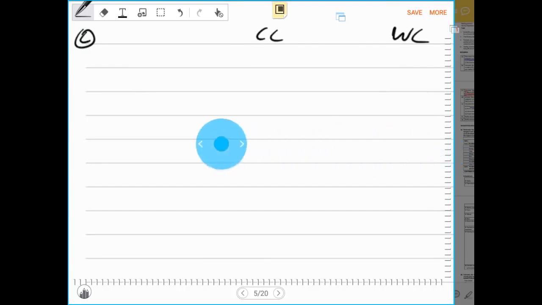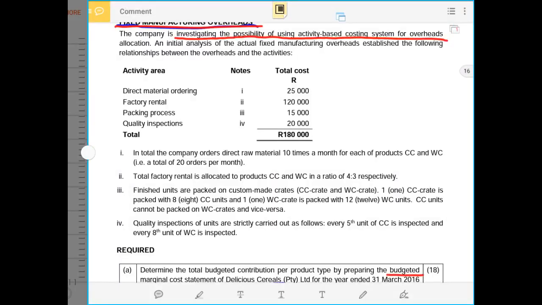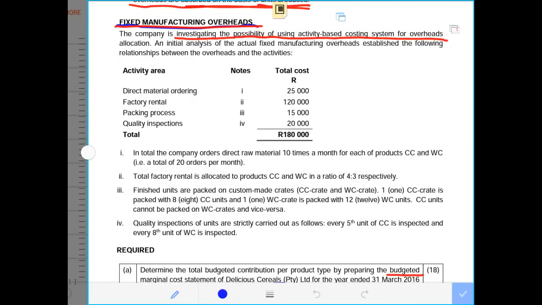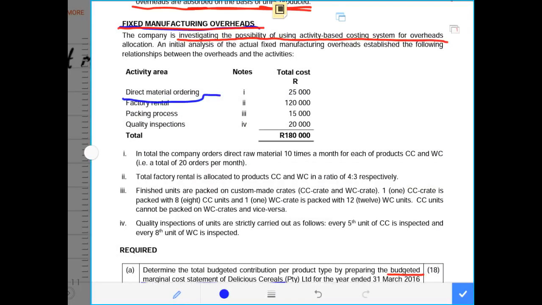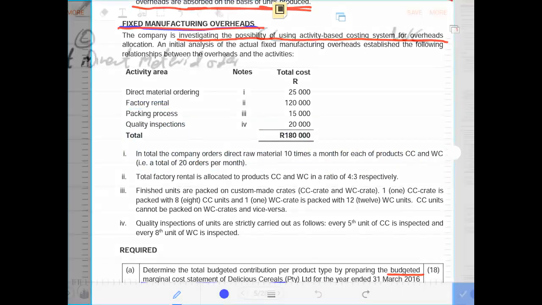We have to allocate this based on the proposed system, which is ABC, where our fixed costs are allocated into direct material ordering, and the second one will be based on the factory rental.